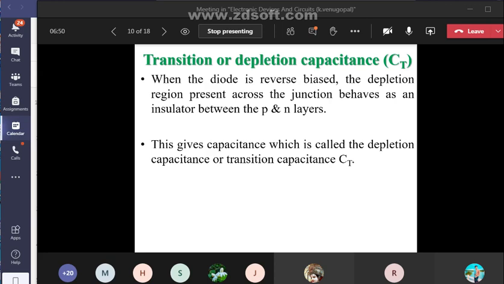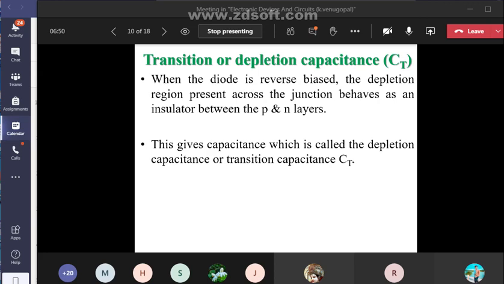So this gives the capacitance which is called the depletion capacitance or transition capacitance. In the reverse biased condition, the depletion region increases across the P and N layers, so this depletion layer acts as an insulator.